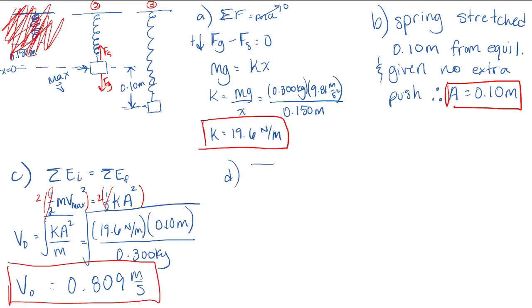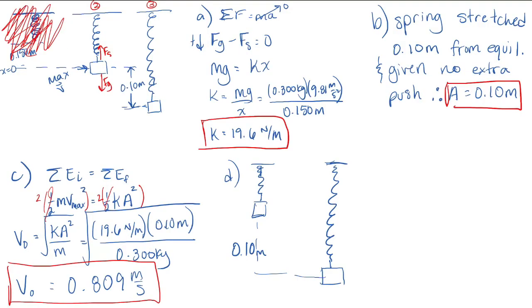Okay, so when I'm looking at point D, if we know that its equilibrium is there, and full extension is right there, that's at 0.1 meters.